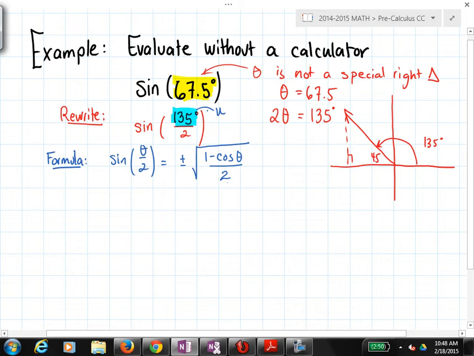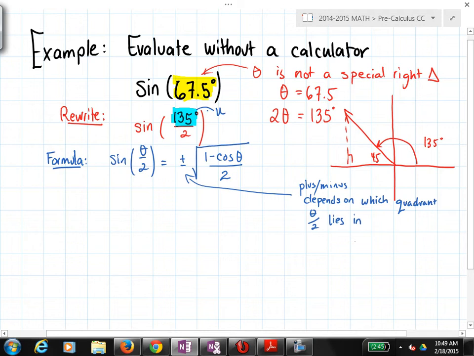Now the plus or minus, if you look at your textbook, tells you that it depends on which quadrant theta over 2 lies in.